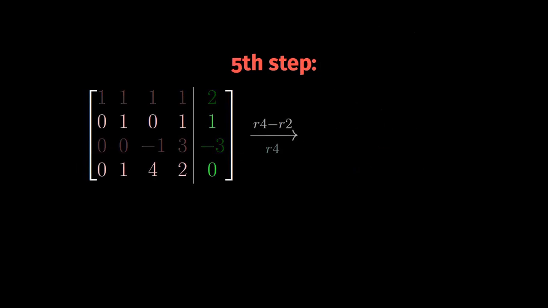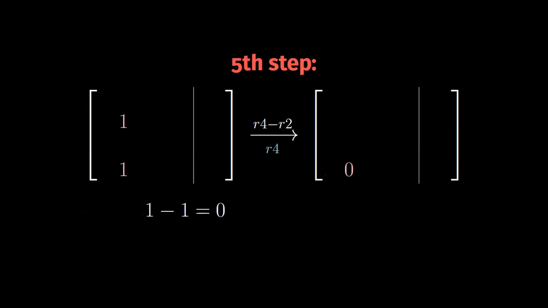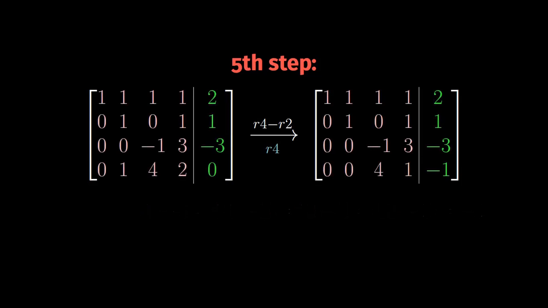So this is what we are doing: R4 minus R2, row 4 minus row 2, and we will write the result in the fourth row. 0 minus 0 is 0. 1 minus 1 is 0. 4 minus 0 is 4. 2 minus 1 is 1. 0 minus 1 is minus 1. And we have our new matrix with an extra 0. Let's go on.